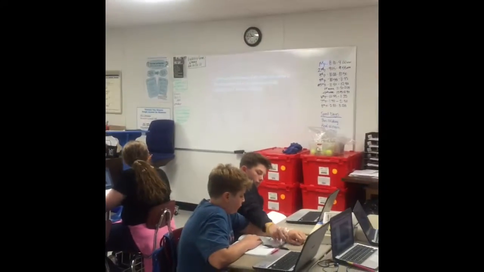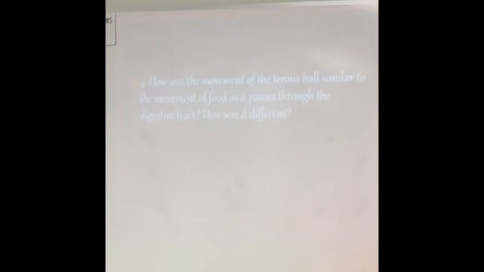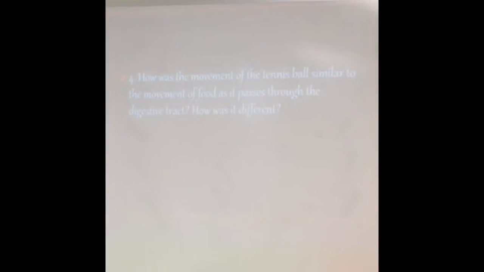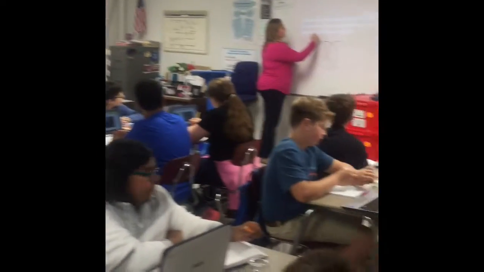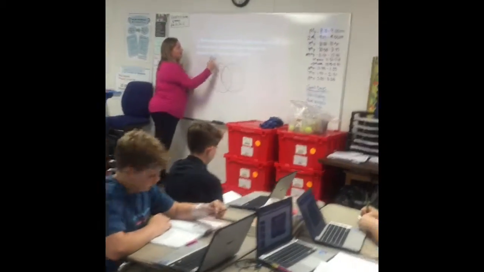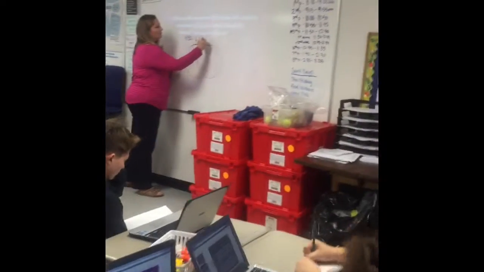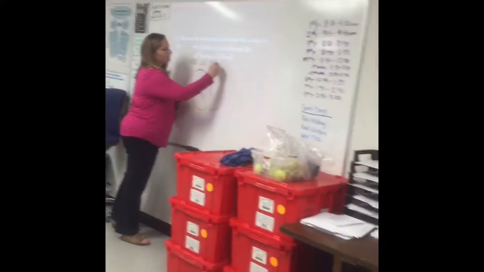How is the movement of the tennis ball similar to the movement of food as it passes through the digestive tract? And how is it different? So on your notebook, you should have 2 circles interlocking, a Venn diagram. I want you to label this HBS, Human Body Systems, Lesson 2, Digestive Tract.